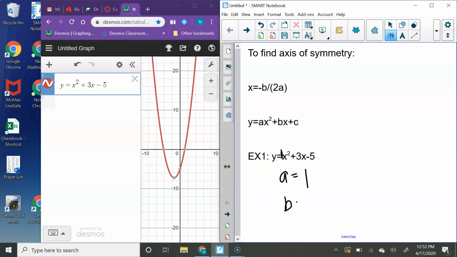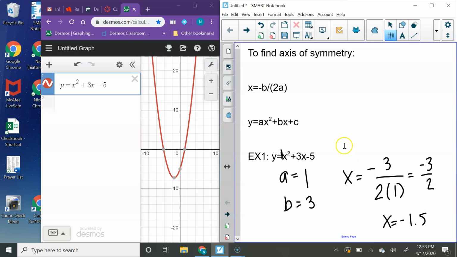My b value is 3. So my axis of symmetry is going to be at x equals negative b, so negative 3 over 2 times a, which is 1. And so in this case, I'd get negative 3 over 2, or I could write that as x equals negative 1.5.